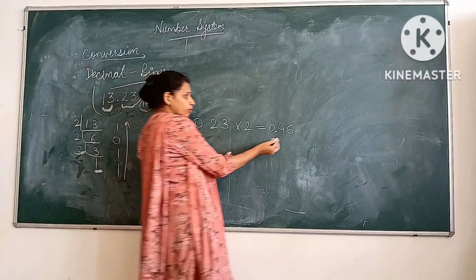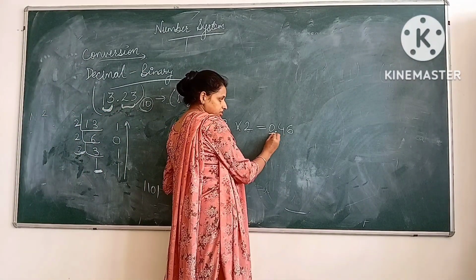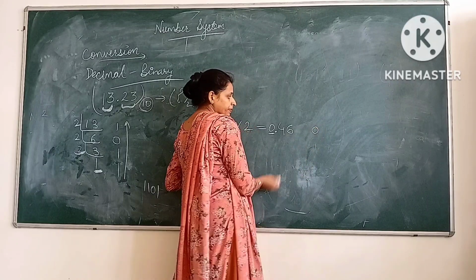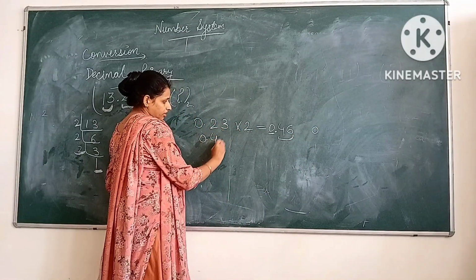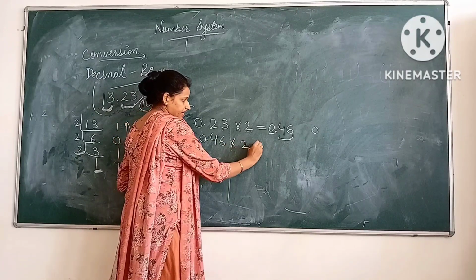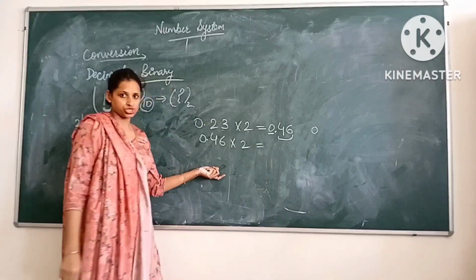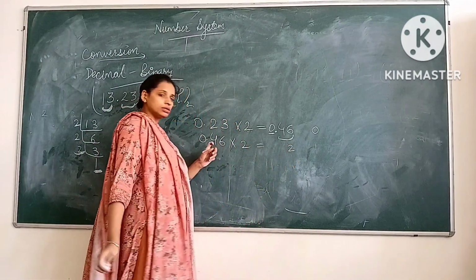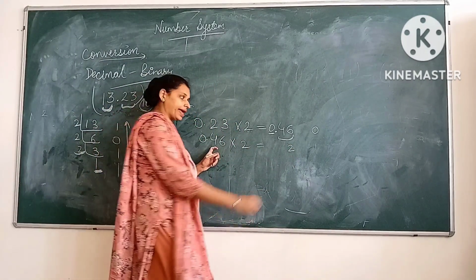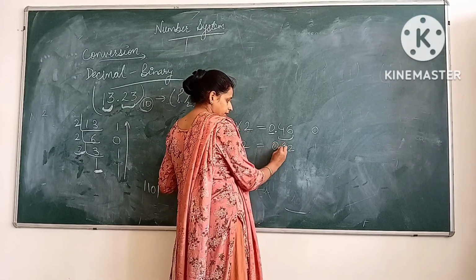Now the value before the point, that means this 0, is for the answer, and the value after the point we have to use again for multiplication. Repeat this multiplication again. 2 6s are 12.